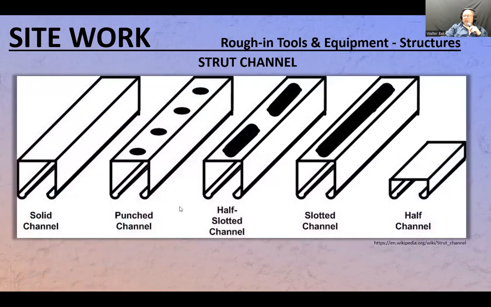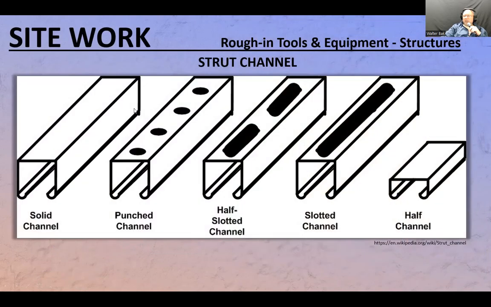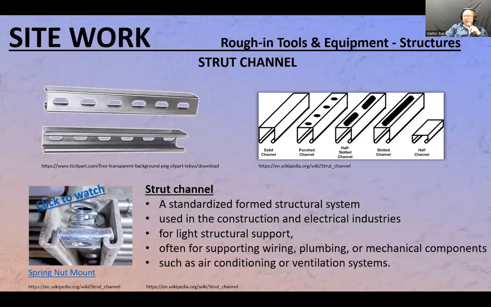One thing I'm going to bring your attention to, because that strut channel can be cut to length to accomplish whatever you need. You can make a wire tray out of that. Or you can support all kinds of different things, like threaded rods, for example. You screw that in.